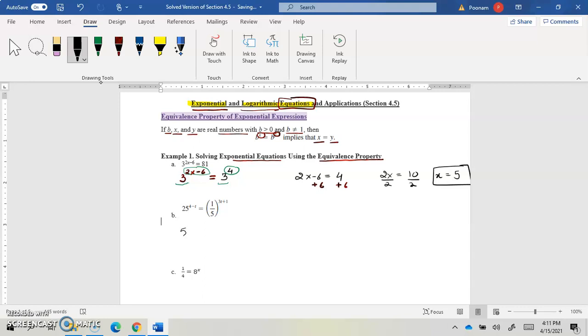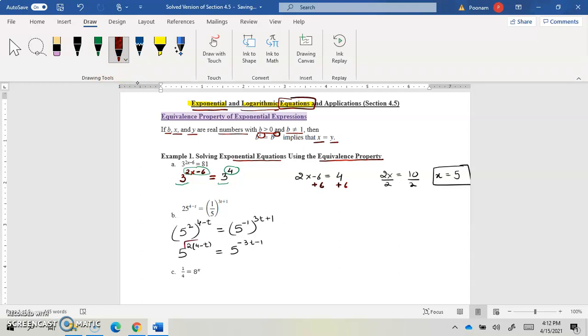I think the left-hand side can be written as 5 squared, raised to the power 4 minus t. 1 by 5 can be written as 5 raised to power negative 1, raised to the power 3t plus 1. Power of power multiplies. So that will become 5 raised to 2 times 4 minus t, equal to 5 raised to power negative 3t minus 1.